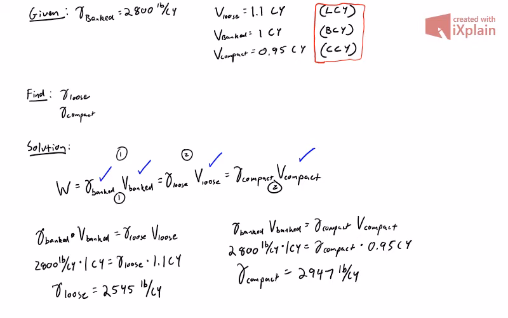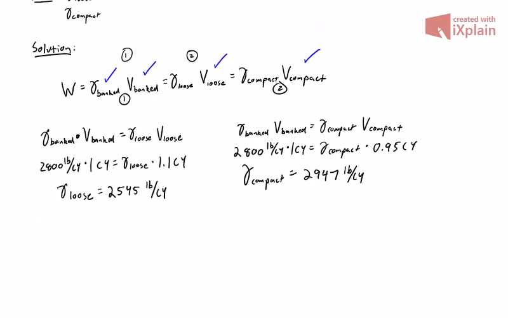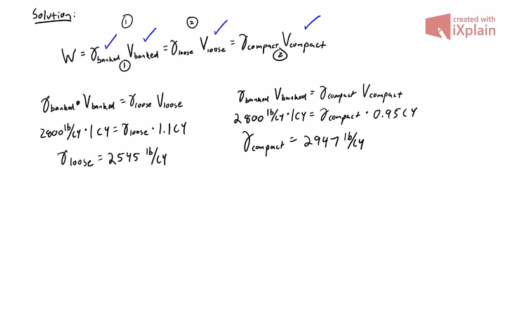But there's a second way of doing this that you can use as well. This is a relational way where you look at the specific weight and the volume for one state and compare it to another. Now, some of you might think better in terms of, hey, I know the banked specific weight and I know the banked volume, so I can find the total weight of the soil.